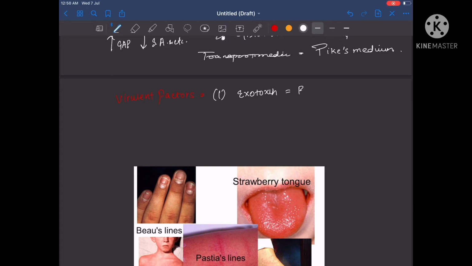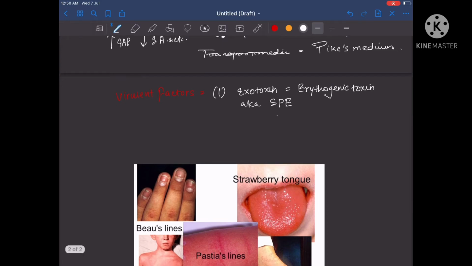It's also known as Streptococcus beta hemolytic toxin or Streptococcus pyogenic exotoxin, SPE. And it's a superantigen, so it directly binds to the T cell receptors, and it causes a very important thing that you need to know for the MCQs, that is, it causes scarlet fever.